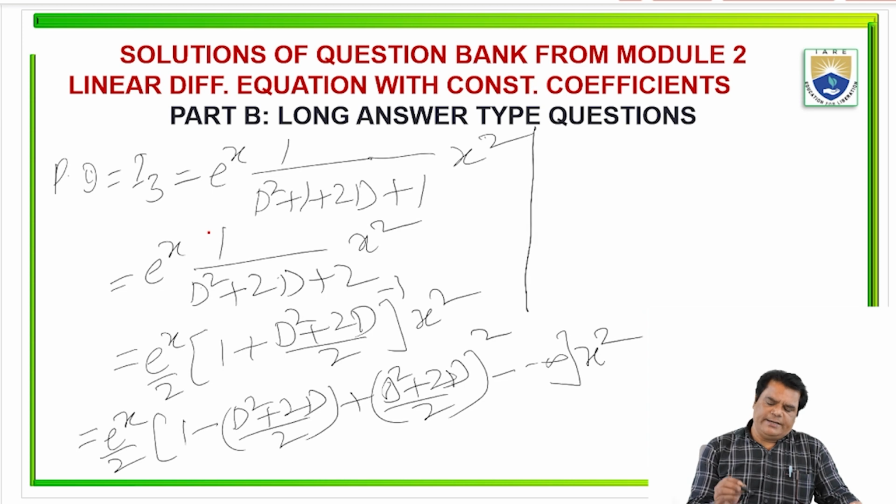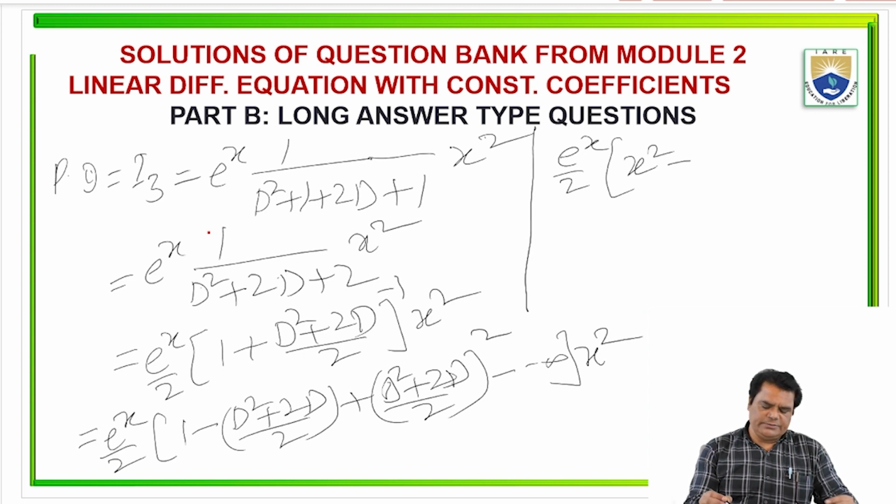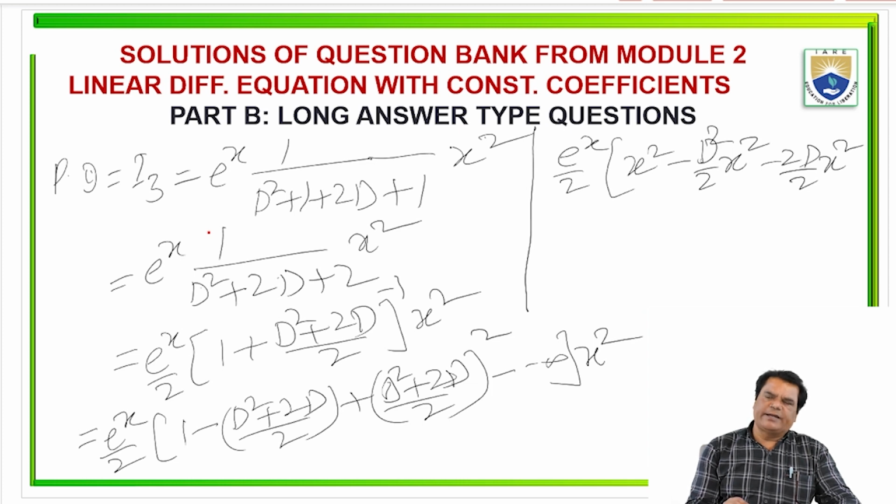So I am writing e to the power x by 2, and in the bracket multiply by x square: x square minus D square by 2 of x square, and minus 2D by 2 of x square, and in this bracket we are taking only D square.